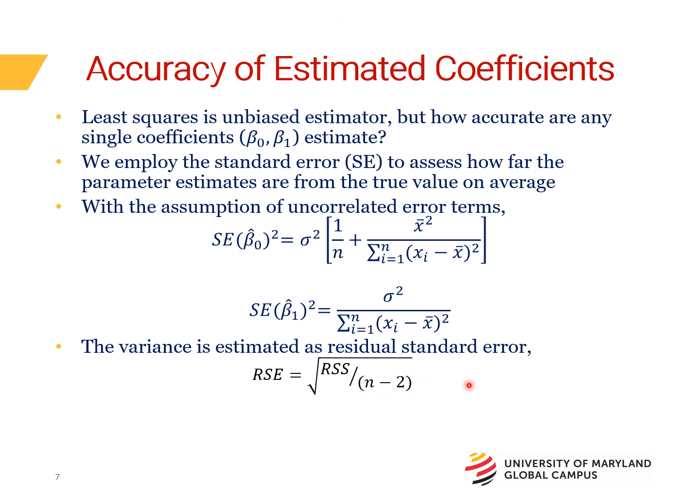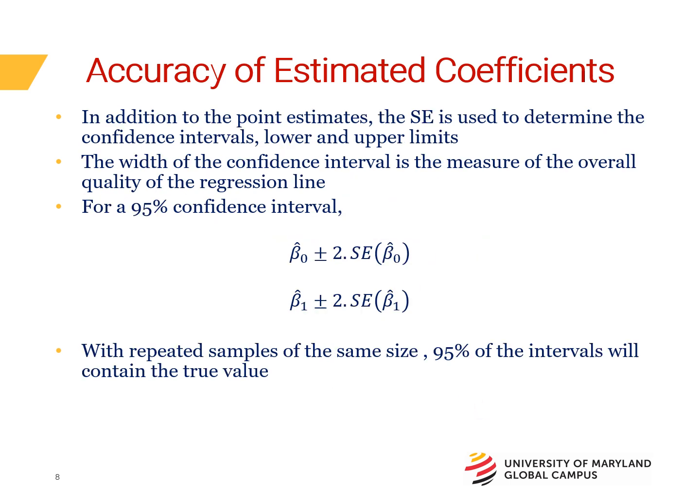N minus 2 here is the number of degrees of freedom. Degrees of freedom is the difference between the number of observations and the number of parameters, which in simple regression are two, the intercept and the slope.